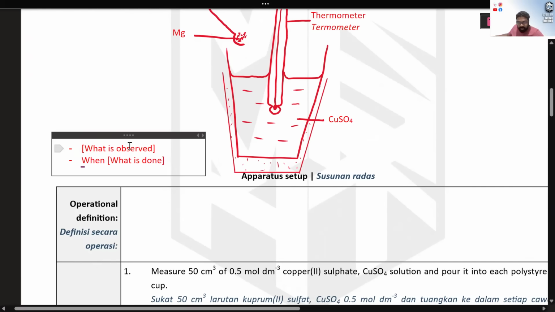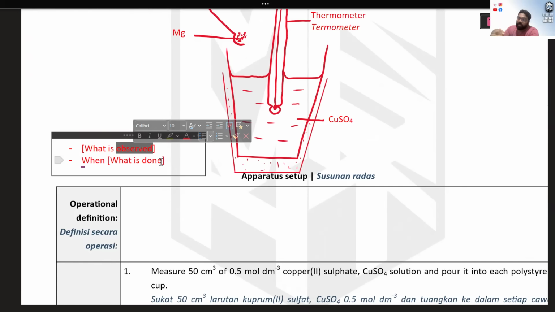Now, what's important here is that what is observed must be a reading that we get from the experiment. It must be the reading. For example, the increase in the thermometer reading, the actual reading that we get, not the value, but the type of reading that we get.